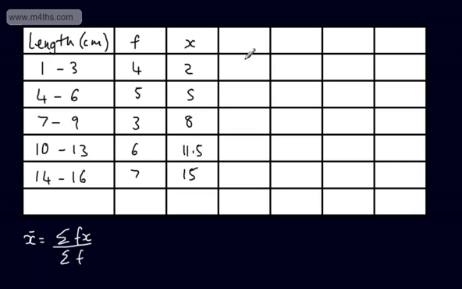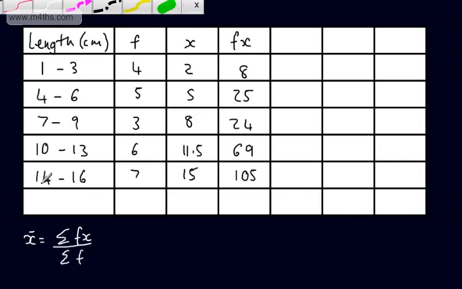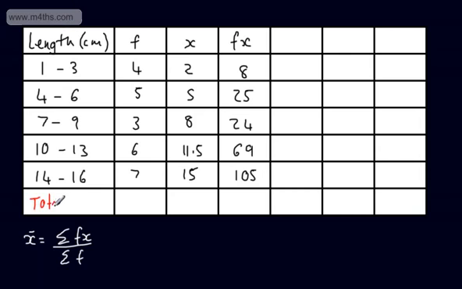So let's have an fx column. This is the frequency times the midpoint. So that's going to be 8, 25, 24, then on this one, what's that going to give me? 69, and then we're going to have 105. Okay, so let's look at our totals again. Writing down at the bottom, totals. The sum of f, let's add these up.